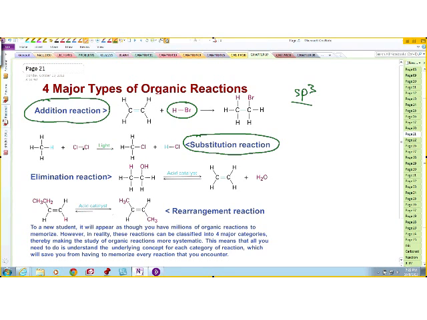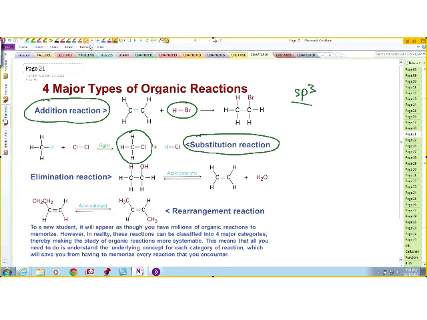I believe we've done this before. We react this molecule with chlorine in this case, or sometimes with bromine, in the presence of light. In essence, we are replacing one of the hydrogens with a chlorine atom to get this product right here. So we say this is a substitution reaction.